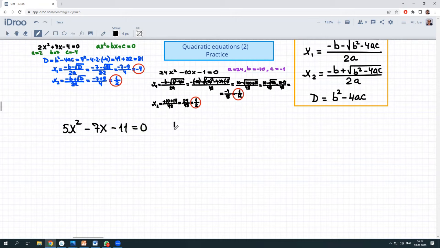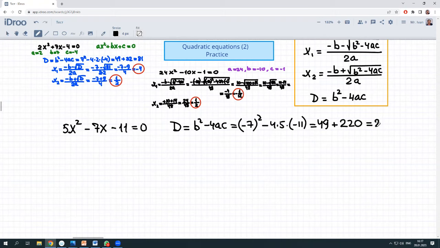So if I calculate d separately again, what would it be? b squared minus 4ac, -7 squared minus 4 times 5 times -11, which would be 49 plus 20 times 11, 220. 269.